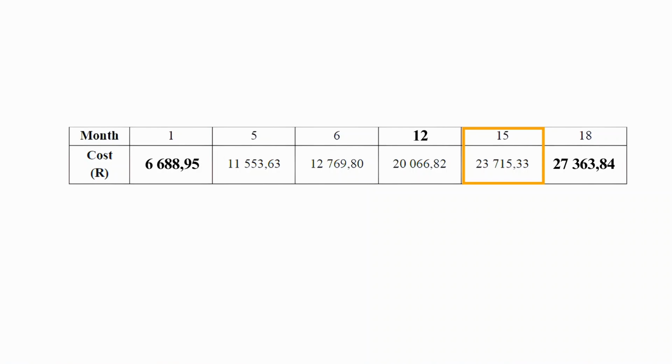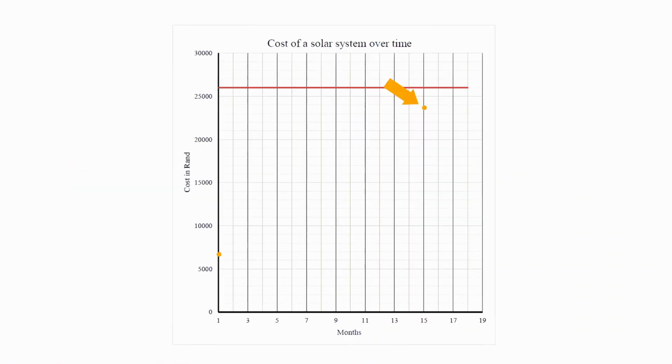For this example, I will choose 15 months at a cost of 23,715 Rand 33 cents. Finally, we join the line and extend the line, forming a straight line from the starting point at month 1 to the end point at month 18.